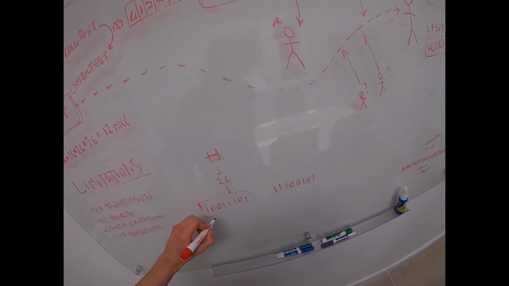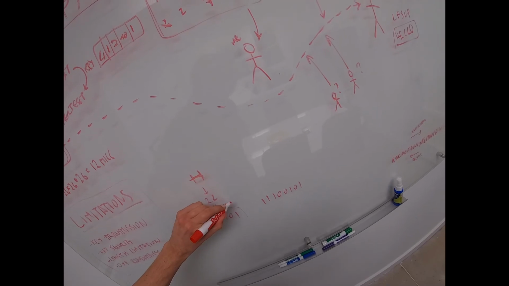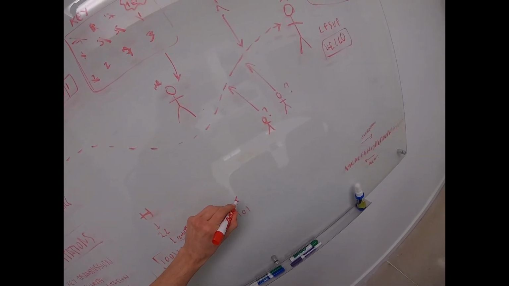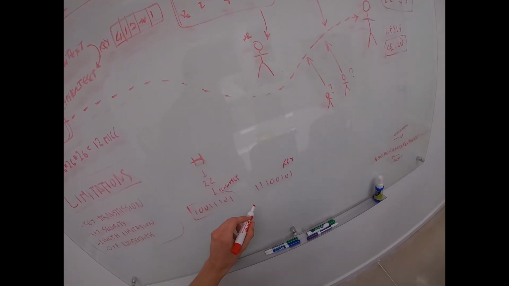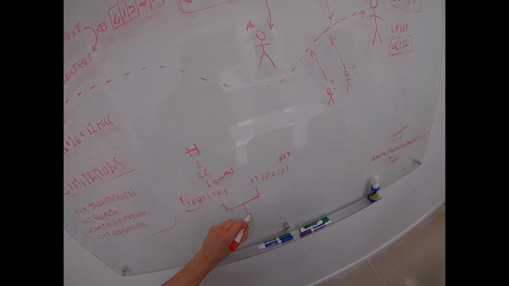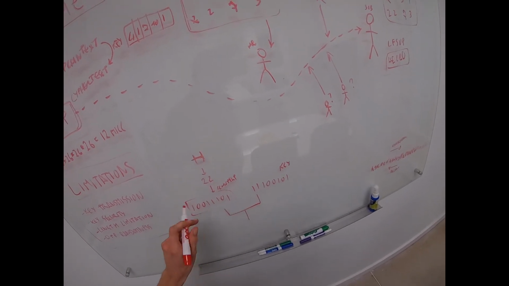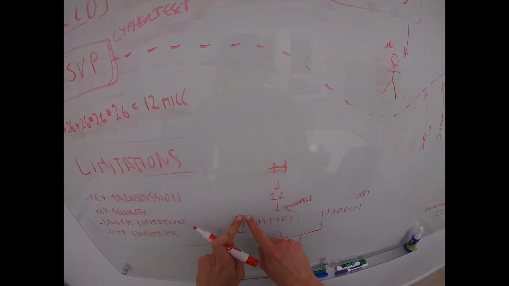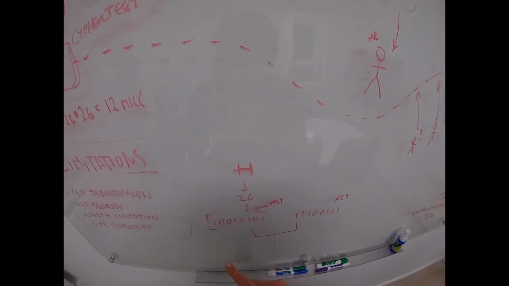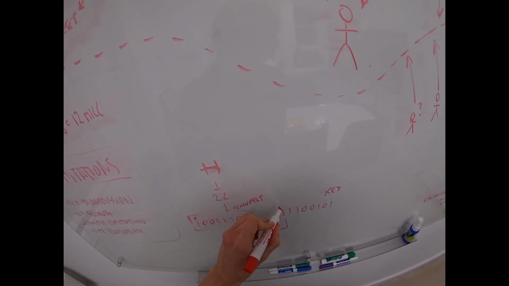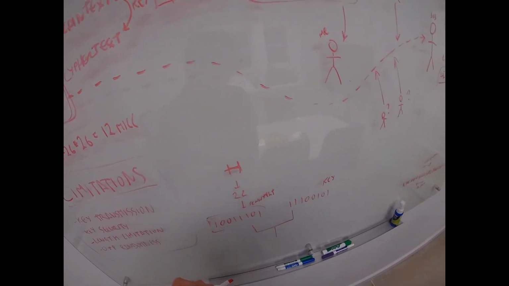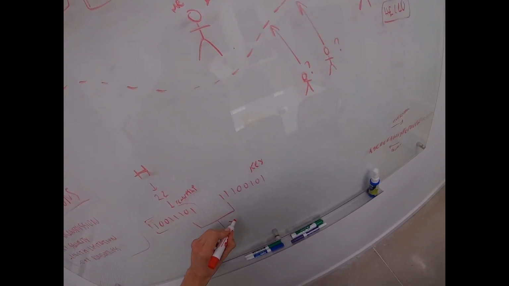So this is the plain text, and this is the key. These two are going to be combined, bit by bit, with an operation called XOR, exclusive OR.